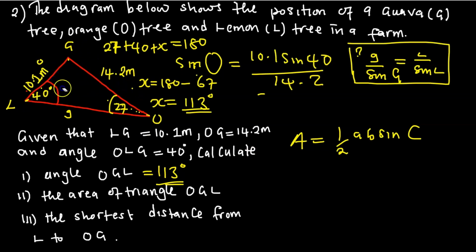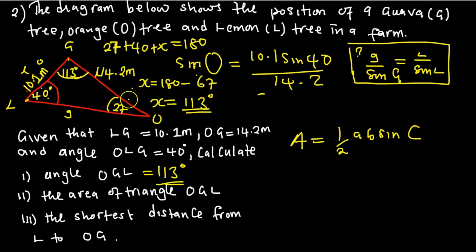Let me just try to clear so that it remains neat here. Okay? So this one we found it to be 27, and this one is 113 degree. So this side is L and this side is O. So two given sides and the angle in between. That is how we find the area. So what is the angle in between? The angle that is included, it is not this one, it is not this one. Instead, it is 113.